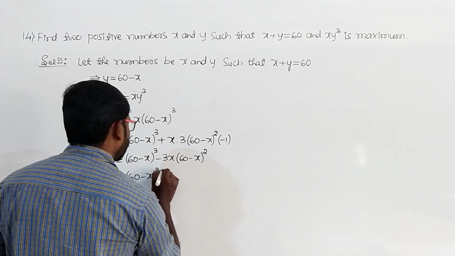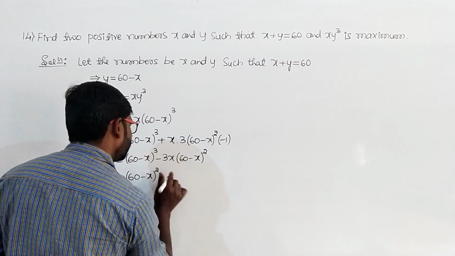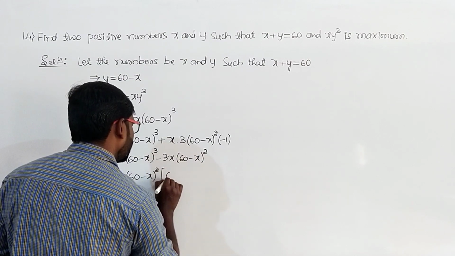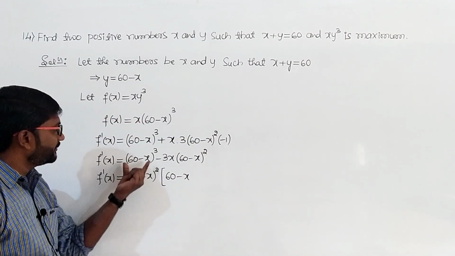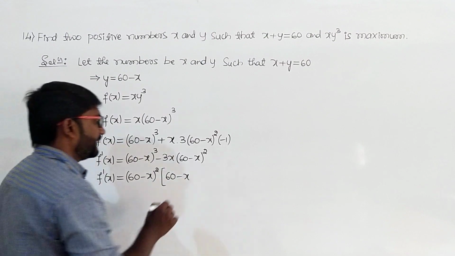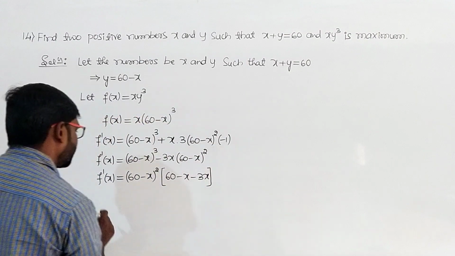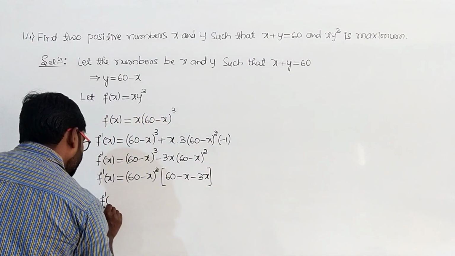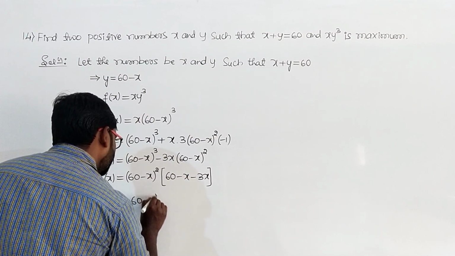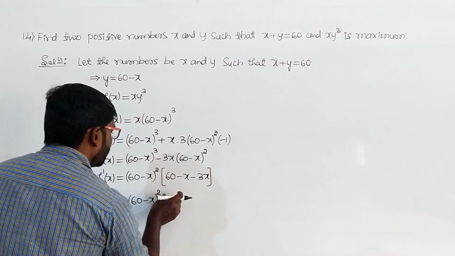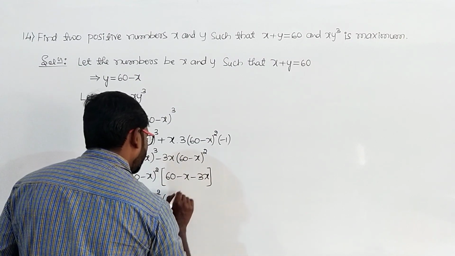Inside the bracket we are left with 60 minus x, because we have taken 60 minus x the whole square outside, and then minus 3x. Now f dash of x is equal to 60 minus x the whole square, and then here how much we get? 60 minus 4x.